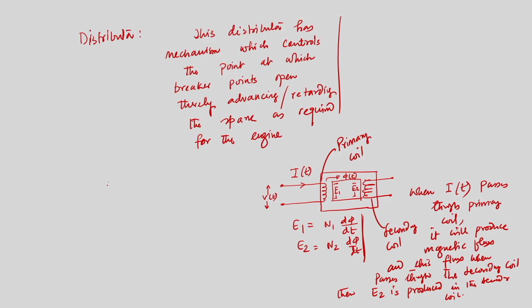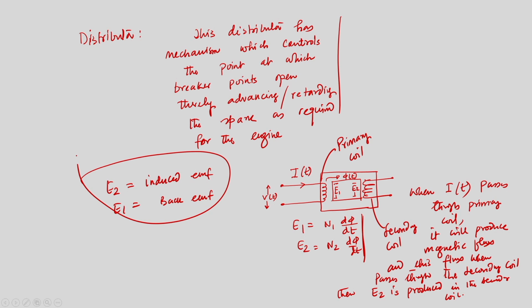So, here E2 is the induced EMF and E1 is the back EMF. Now, the back EMF will try to oppose the current in the primary circuit.